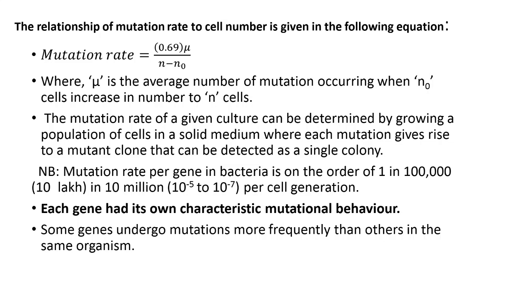Mutation rate per gene in bacteria is in the order of 1 in 10 lakh to 10 million per cell generation. Each gene has its own characteristic mutational behavior. Some genes undergo mutations more frequently than others in the same organism.